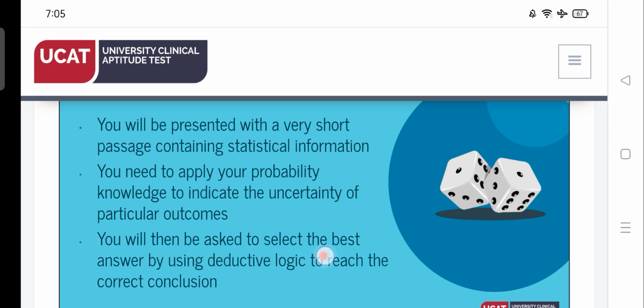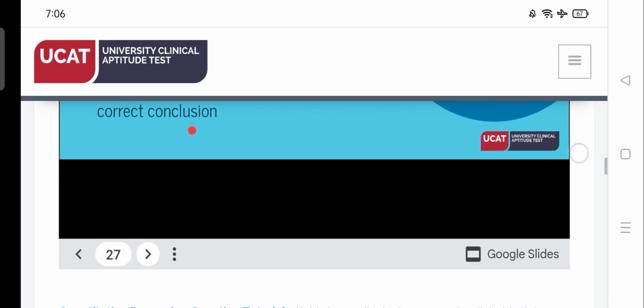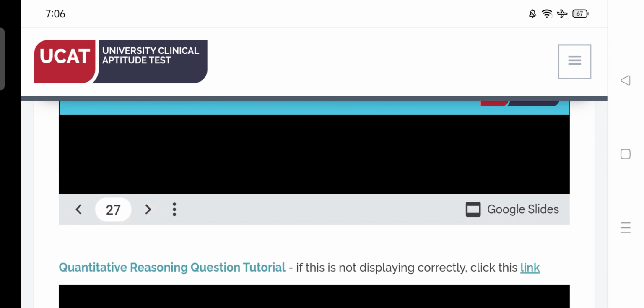You will then be asked to select the best answer by using deductive logic to reach the correct conclusion, from the options given to you.